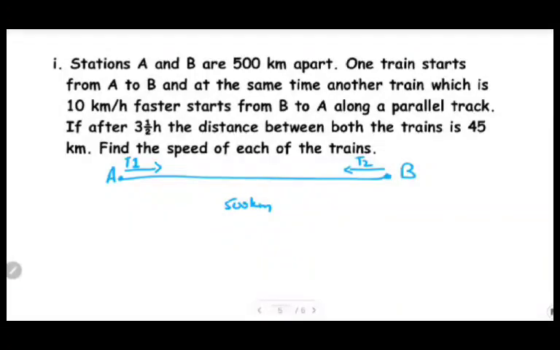The train 1 starting from A to B has some amount of speed.